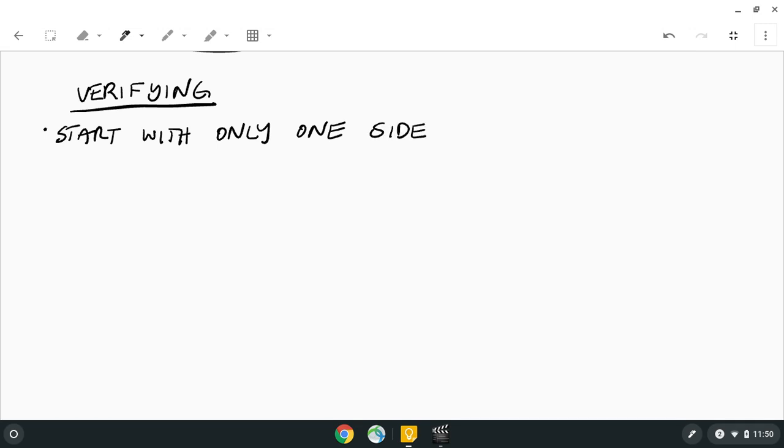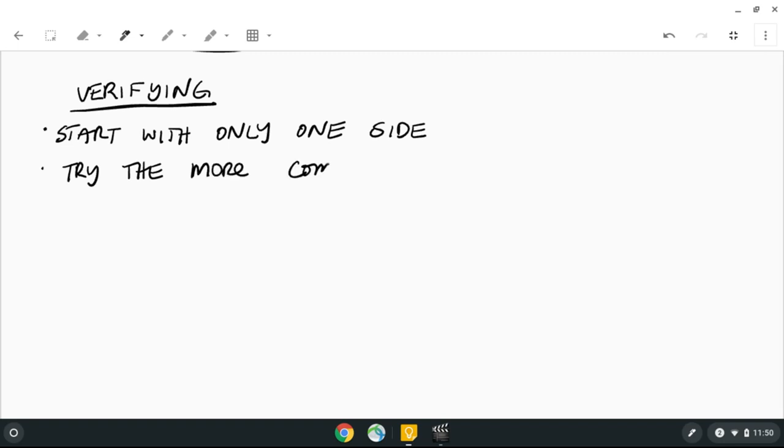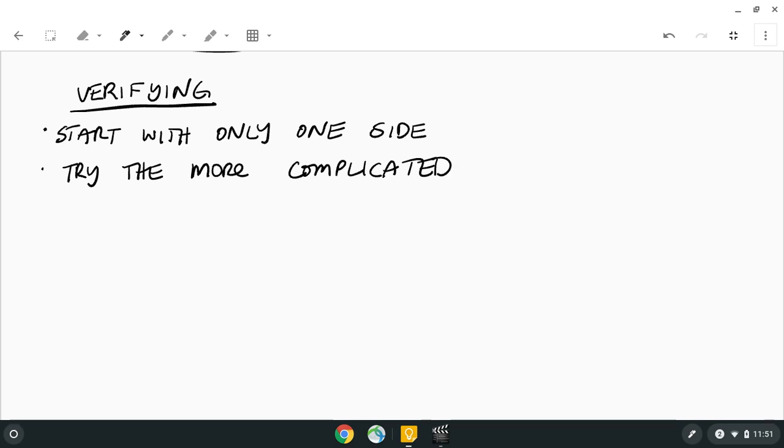Not necessarily, but it's usually easier to simplify a complicated side than one that doesn't look very complicated.